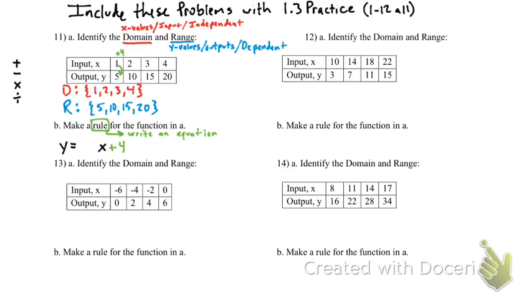Okay? So let's test it out. So what I'm going to do is, taking my rule or my equation, I'm going to plug in an x value. In this case, I'm plugging in the first one. I'm going to plug in 1 for x to test this out. So I'm kind of just going to write it over. So if I plug in 1 for x here, what is 1 plus 4?